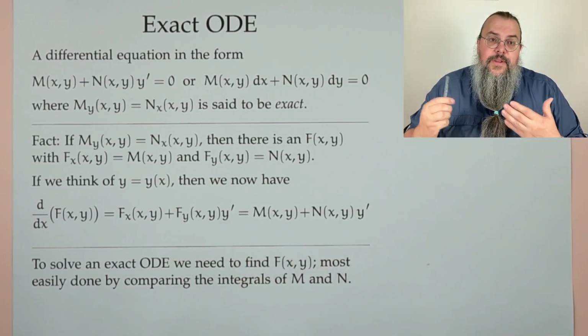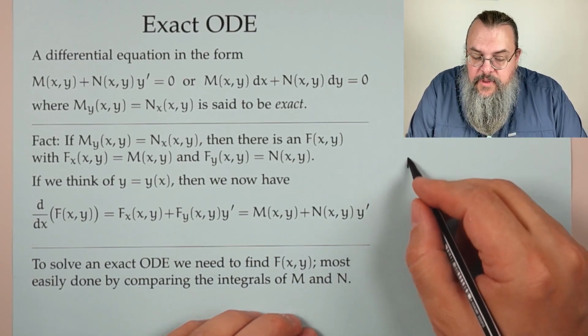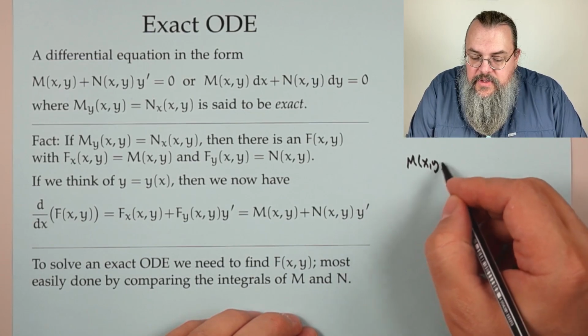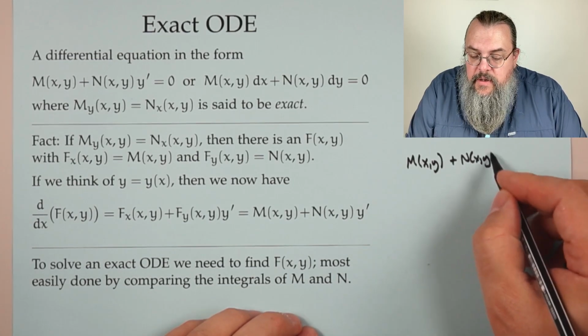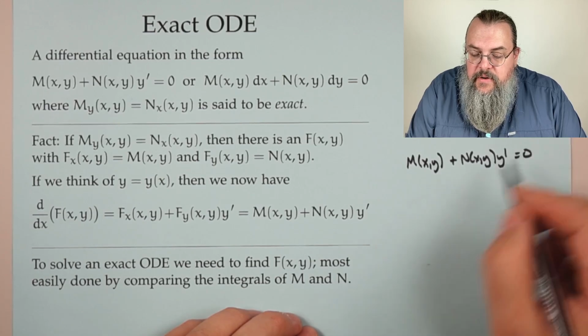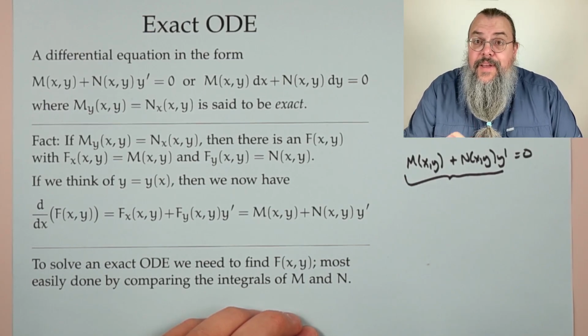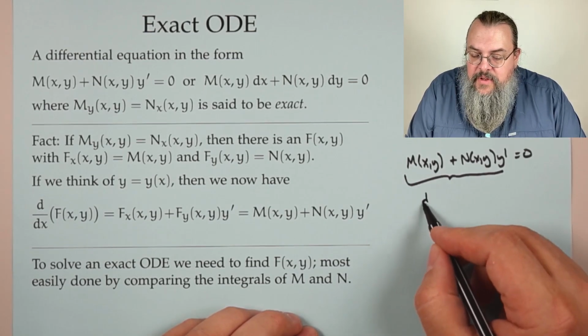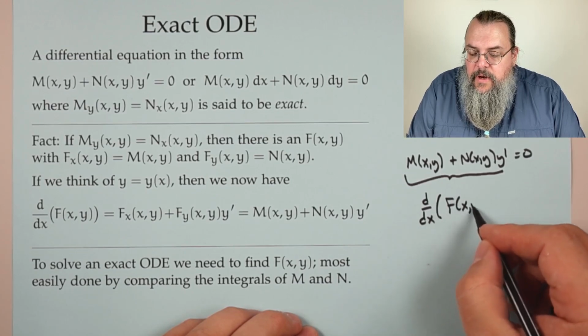So this is another way of saying that what's happening here is if we think about our situation, our M of x,y plus N of x,y times y prime equals 0, this left-hand side, when we're exact, this becomes the derivative with respect to x of F of x,y.